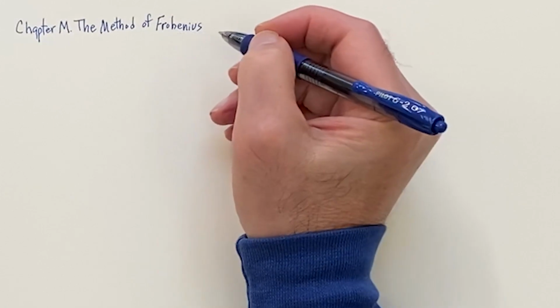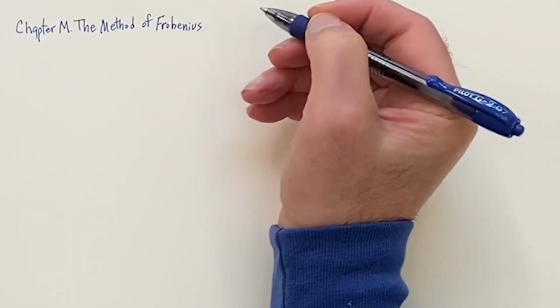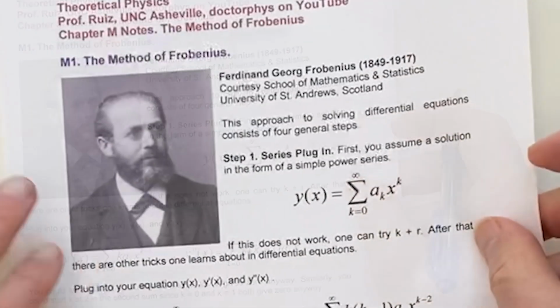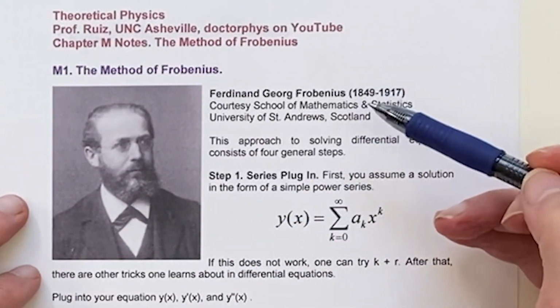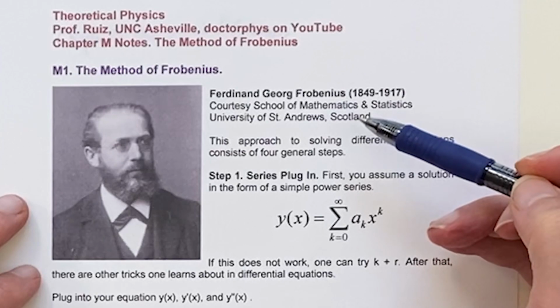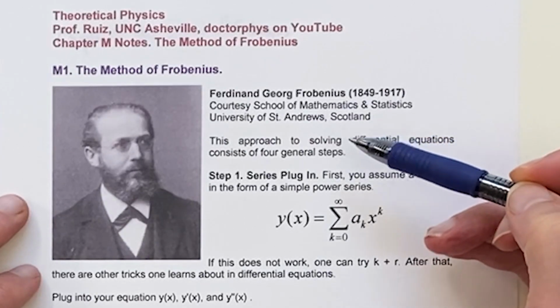So this method of Frobenius, there he is, is to solve a differential equation by using power series.